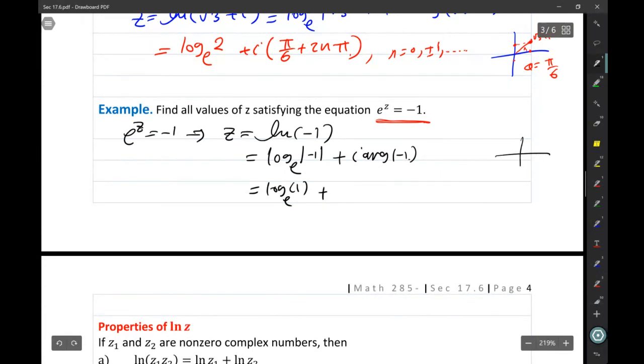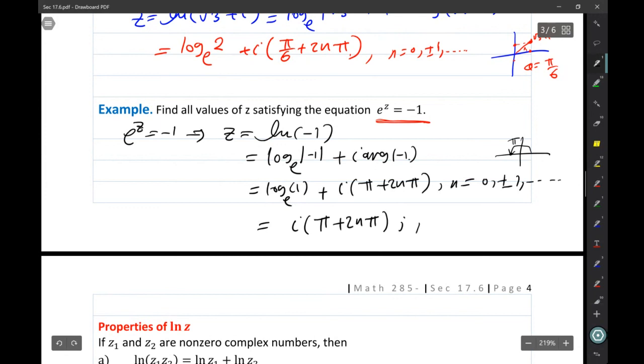Log of 1 is equal to 0, so that becomes i times pi plus 2n pi, where n is 0, plus or minus 1, plus or minus 2, and so on.